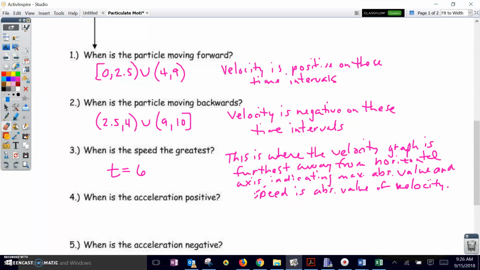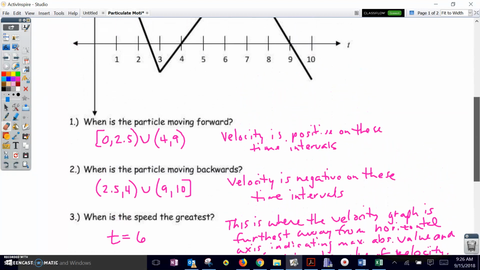And so the acceleration is going to be represented by the slope of the velocity graph. So since we have a graph of velocity, the acceleration is the slope of this graph. So we're looking for places where the slope is positive in order to identify where the acceleration is positive.